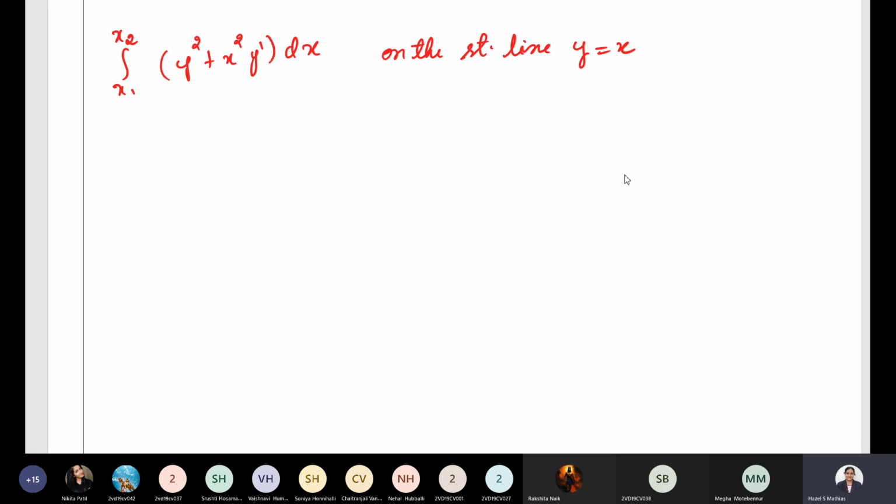We need to show this functional assumes the extreme values on the straight line. So let's take f of x comma y dash as, what shall we take f of x comma y dash as?